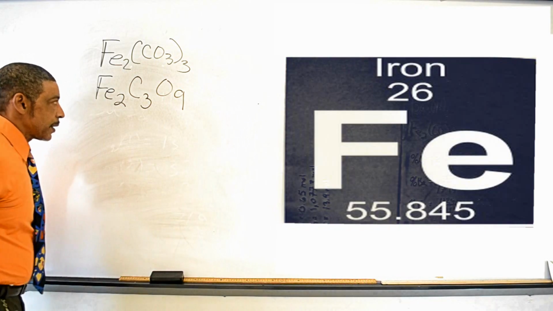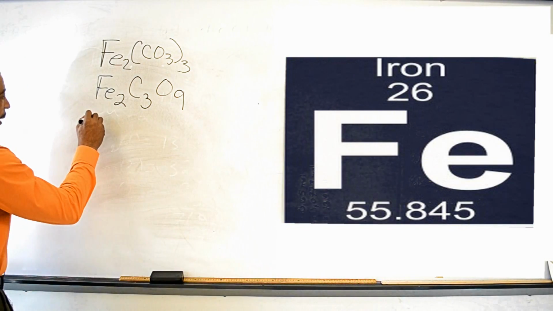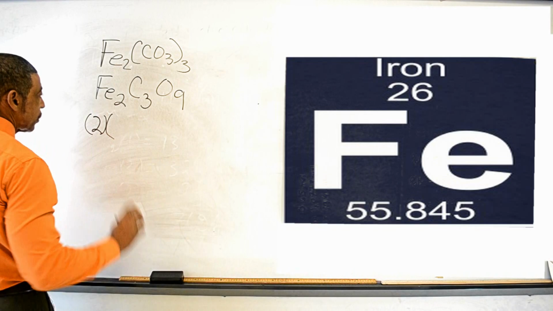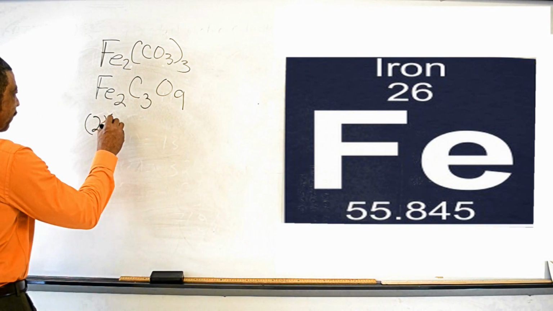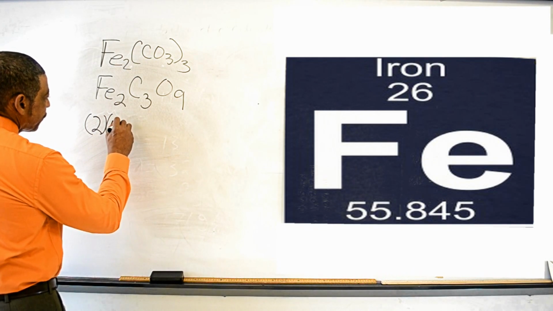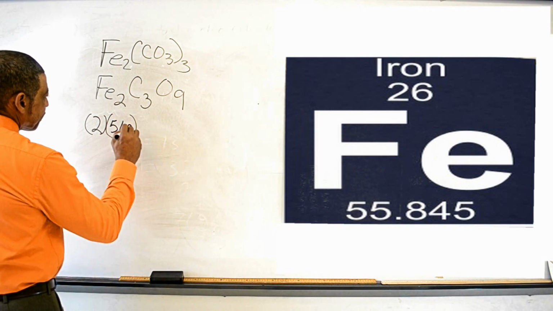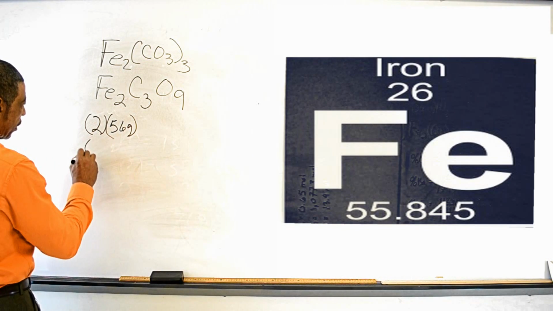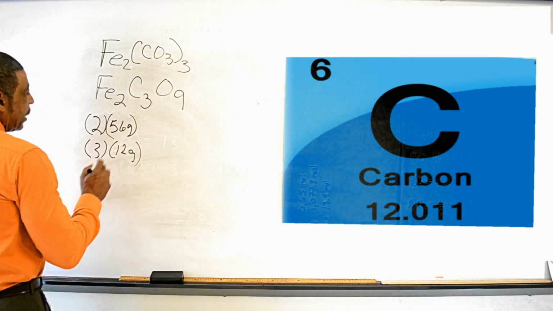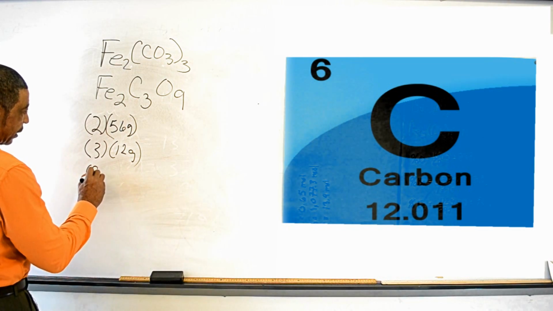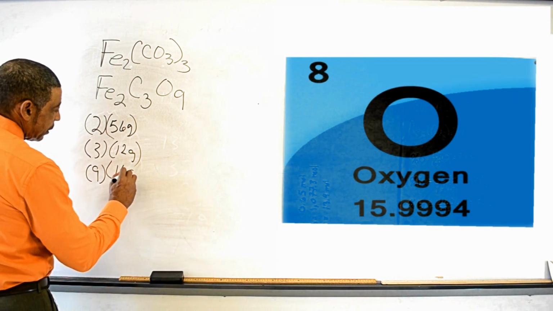Fe2C3O9. Now there are 2 iron atoms in the formula, or 2 moles of iron, where each iron has a mass of 56 grams. There are 3 carbons, 3 times 12 grams, and there are 9 oxygens, 9 times 16 grams.